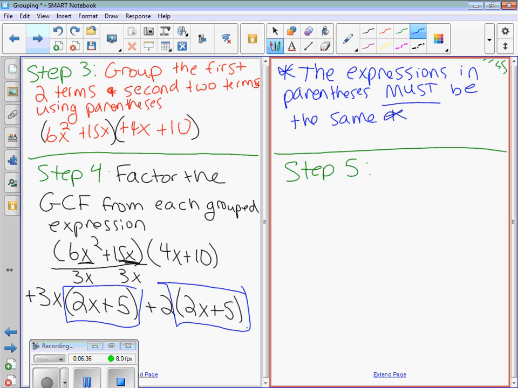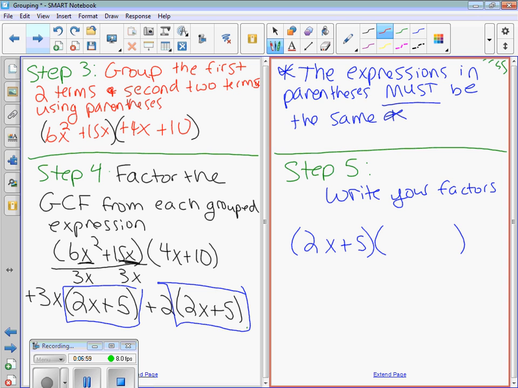So step 5 is to write your factors. Alright, so the first factor is the factor that is inside of the parentheses. In this case, it is 2x plus 5. That is one of our factors. But what's the other one?